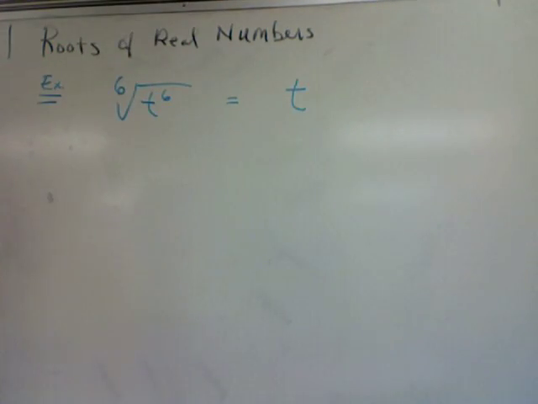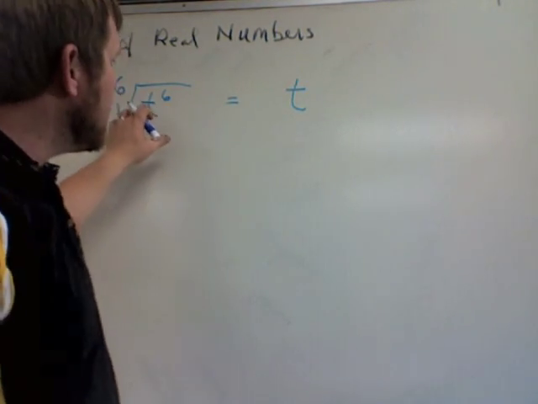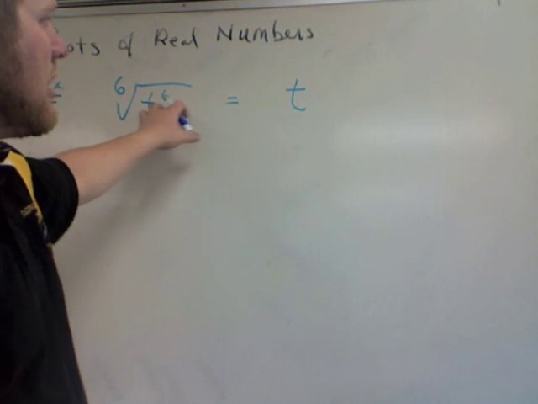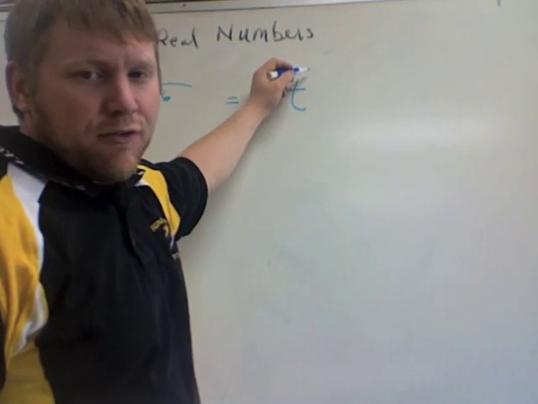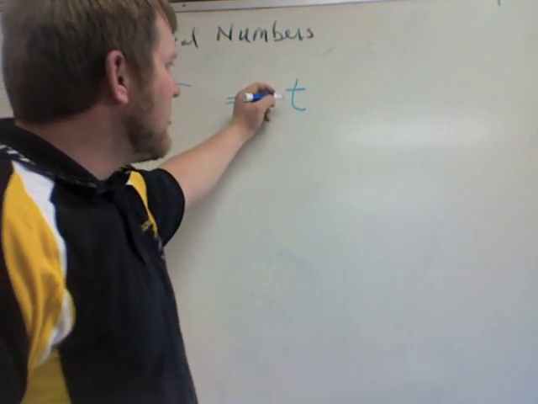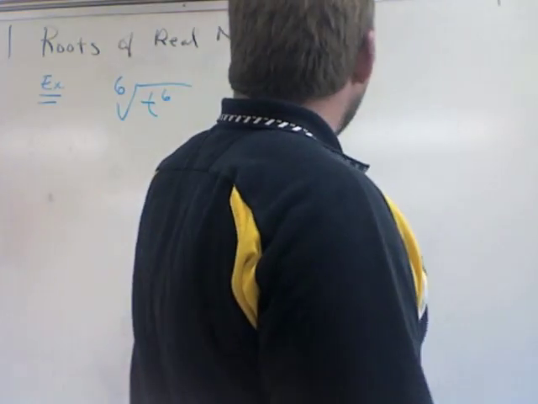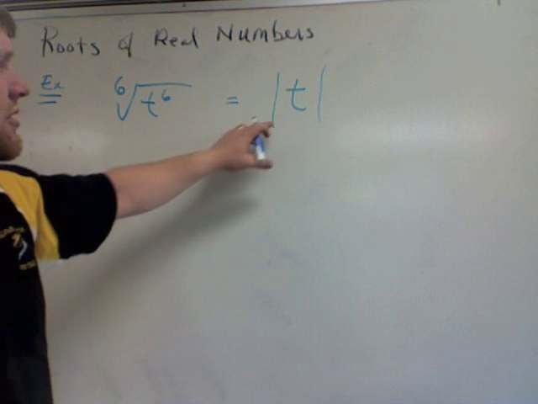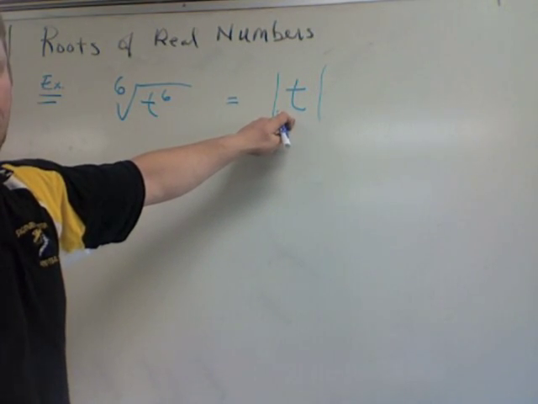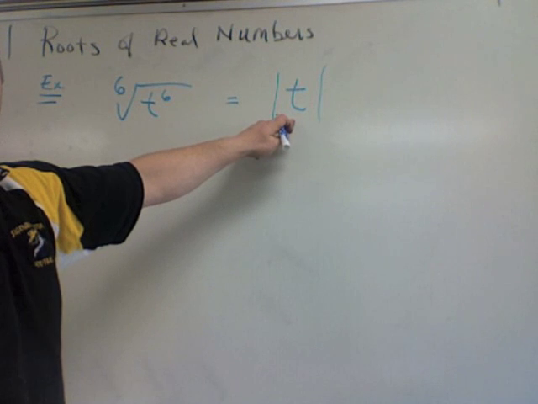Well, this is an important rule: if you take the nth root of an even power, and your result is an odd power, or t to the 1st, then we need to include absolute value signs to ensure that our result would always be positive.